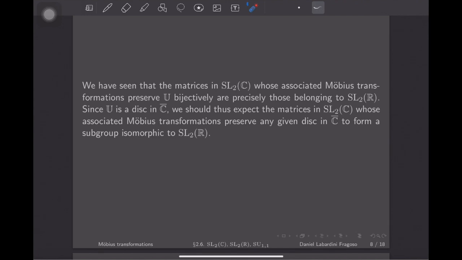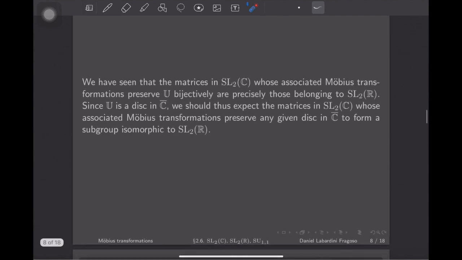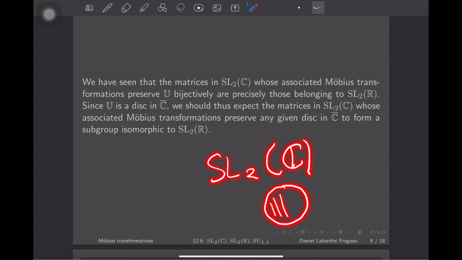So this is true. Right, and I'm going to use this to show that the subgroup of SL2C consisting of the matrices whose Möbius transformation sends the unit disk bijectively onto itself is conjugate in SL2C to SL2R.